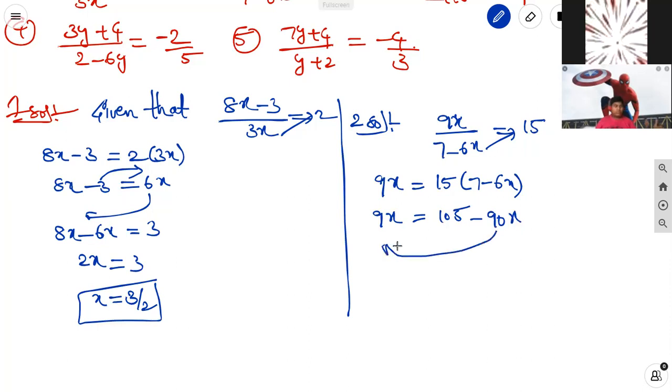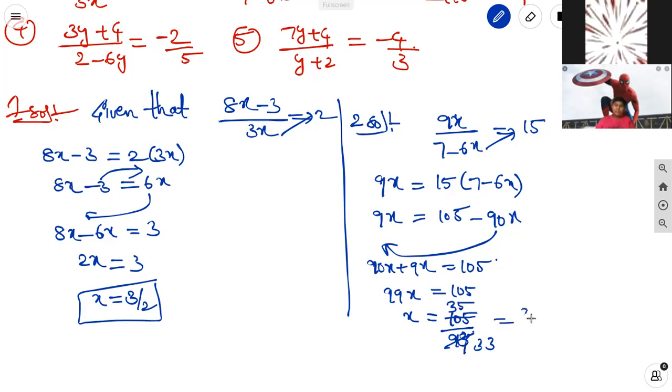This 90x is taken to the left side, then 90x + 9x = 105. This is 99x = 105, x = 105/99. Dividing by 3, 3 thirty-fives are 105, 3 thirty-threes are 99. So it is 35/33. So the x value is 35/33.